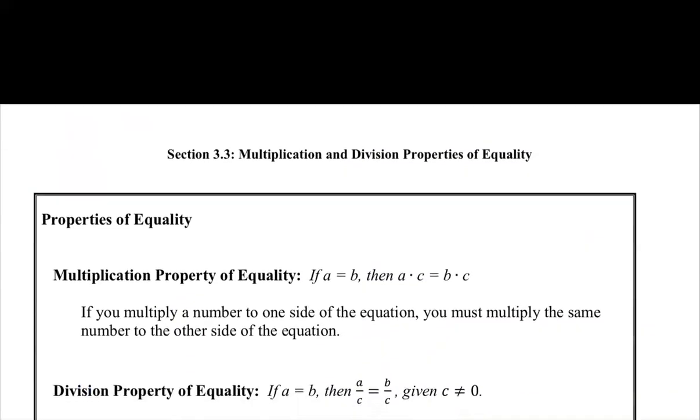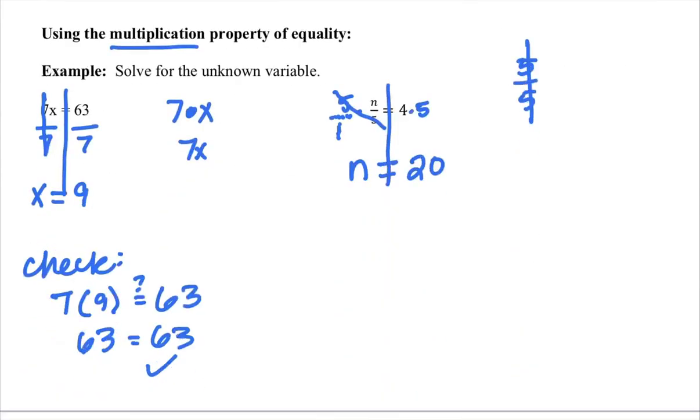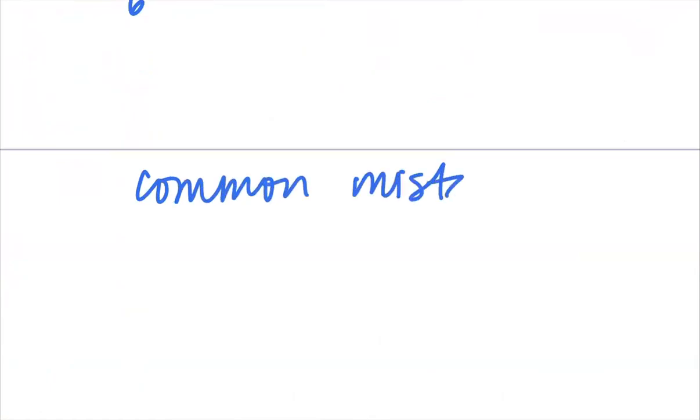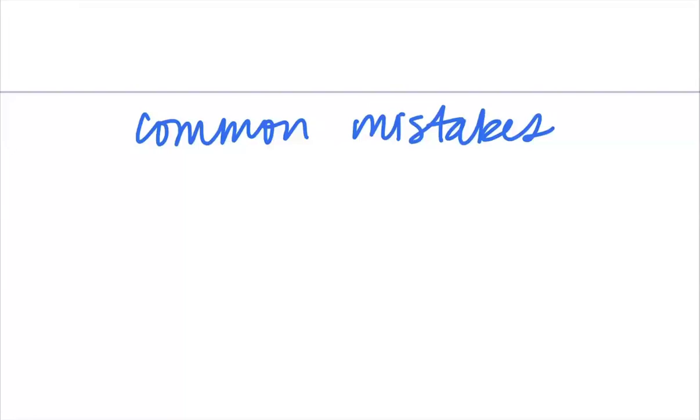Okay, so there are your properties, adding, subtracting, multiplying, and dividing. Oh, couple common mistakes. If we have -12x equals 24, it's very common to divide by 12 and think that the negative and the positive cancel, but they don't.